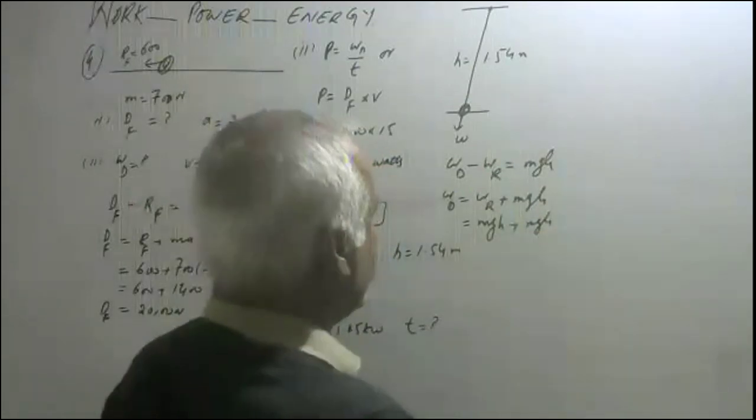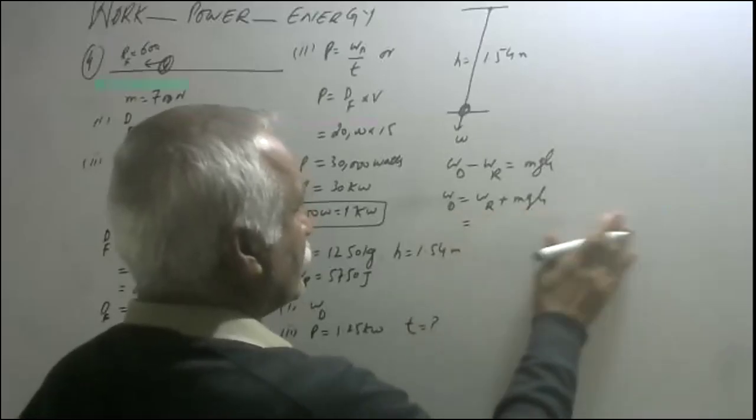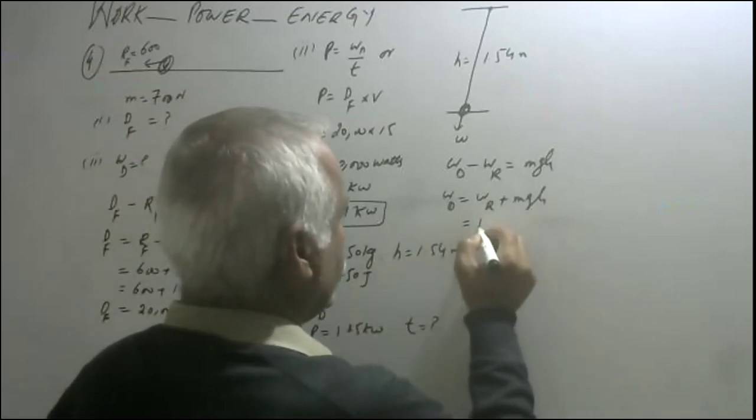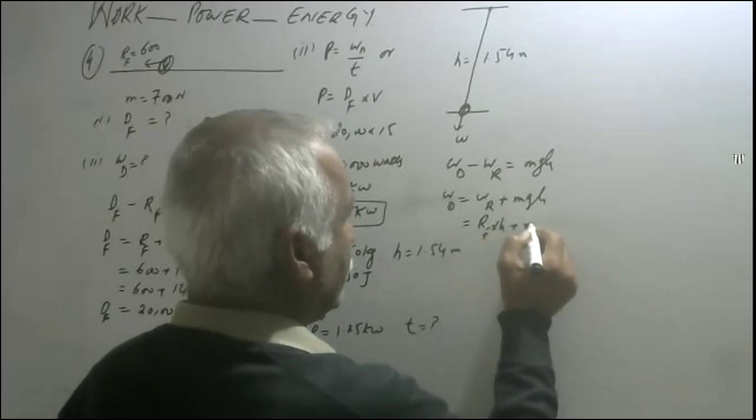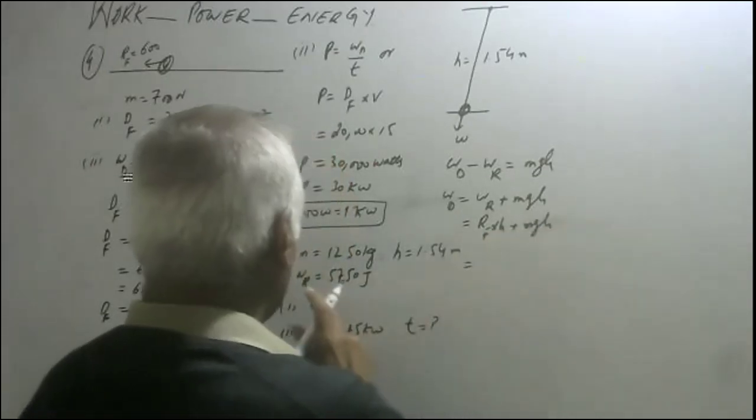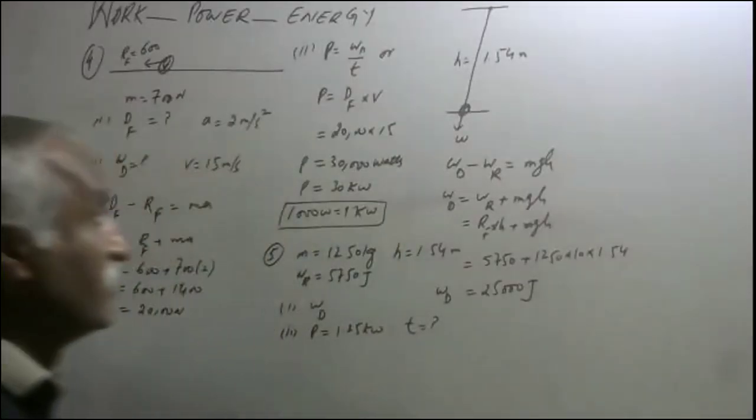The total work done against the resistance is 5750, plus the mass, 1250, times g, 10, times the height, 1.4. So the work done by the driving force is equal to 25,000 joules for the first part.